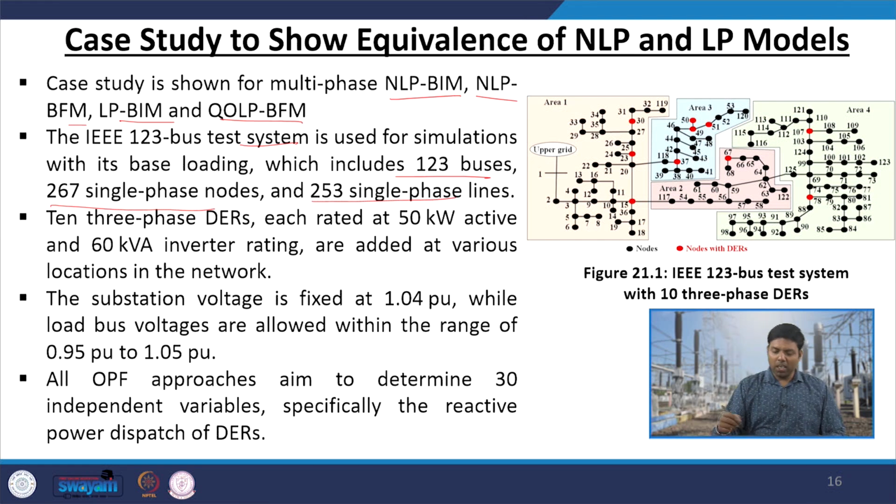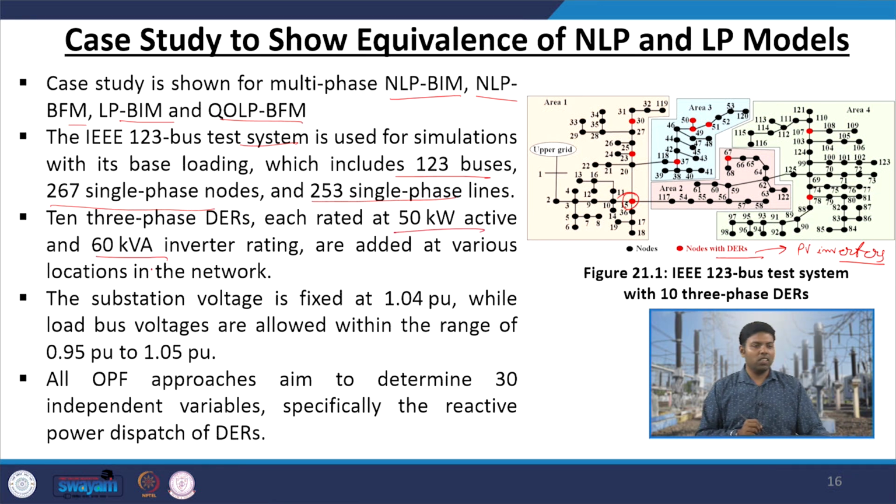We have modified this network by placing 10 3 phase DERs, mostly PV inverters, of 50 kilowatt rating having an inverter rating of 60 kVA, and those are 3 phase. So, you have a total of 30 single phase DERs connected in the network.